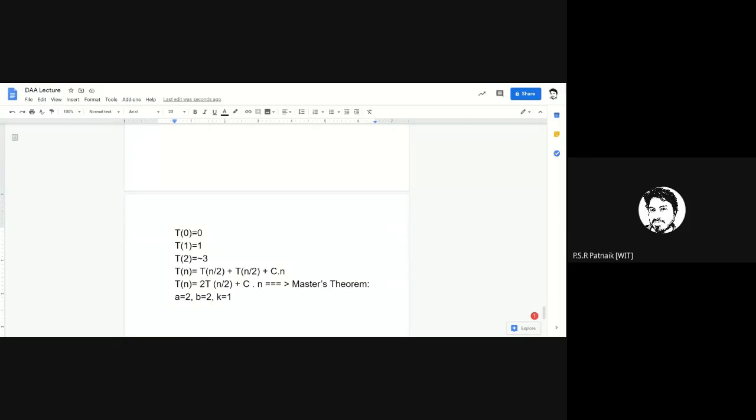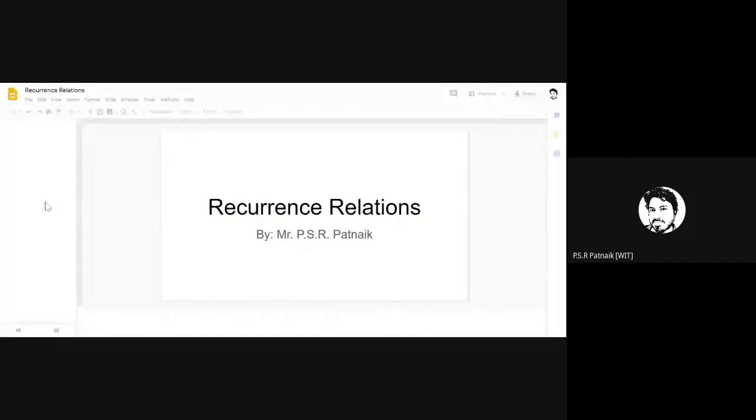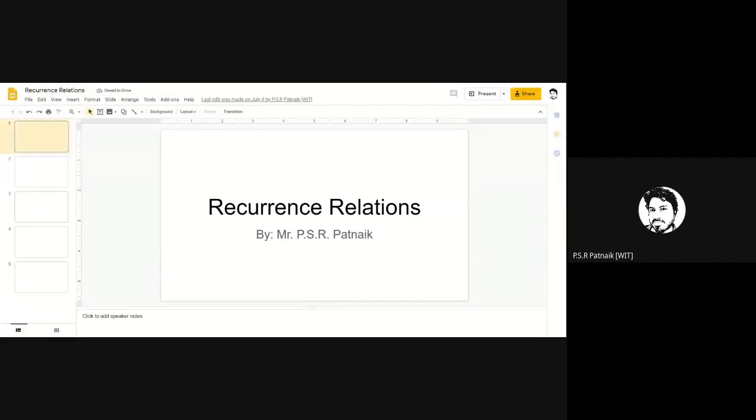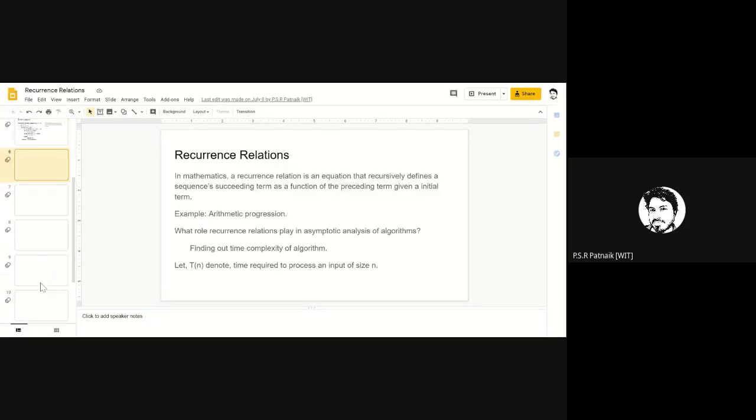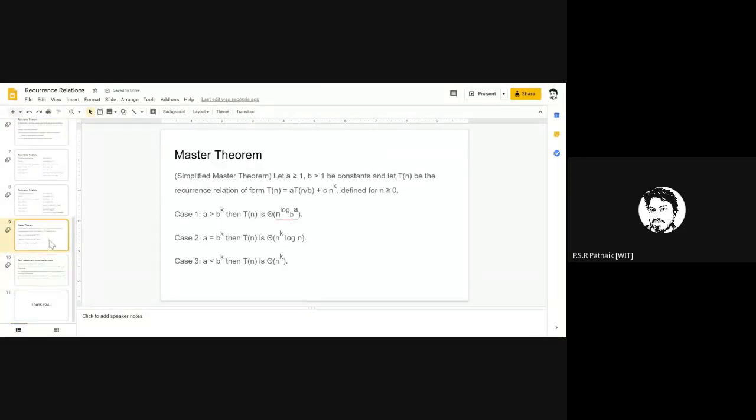Recurrence relations. I think it was in recurrence relations, right? I'm trying to open that. Okay, so this is your Master's theorem.